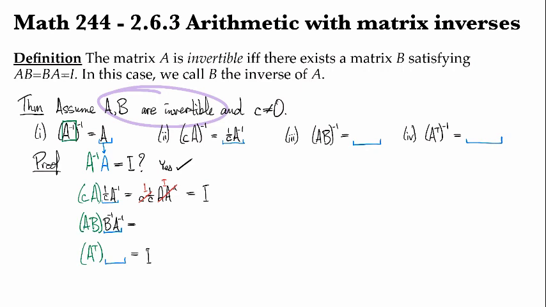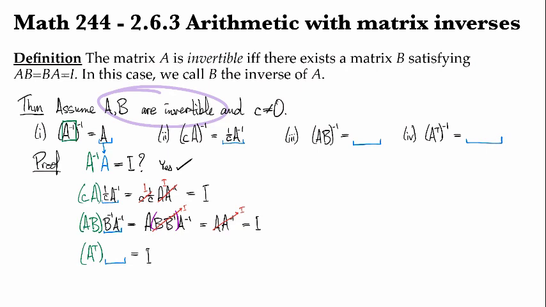When we do the arithmetic, we can rearrange the parentheses however we like. And I'm going to put them here. And then that's going to cancel off and give the identity matrix, and so this will reduce to A inverse. And then those guys are going to cancel to the identity matrix, and I'm just left with the identity matrix.